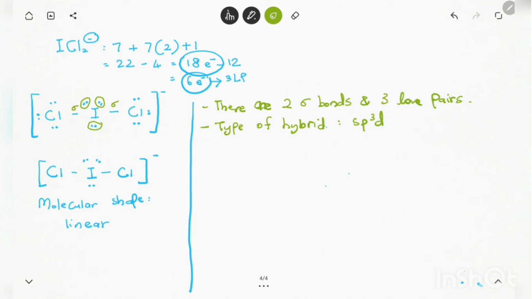So for the valence orbital diagram, the central atom is iodine, the ground state.